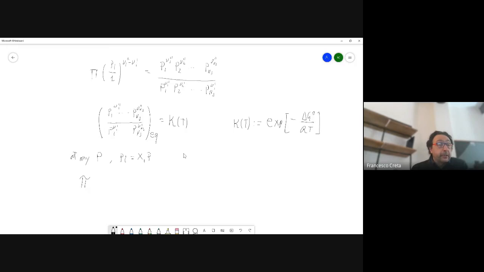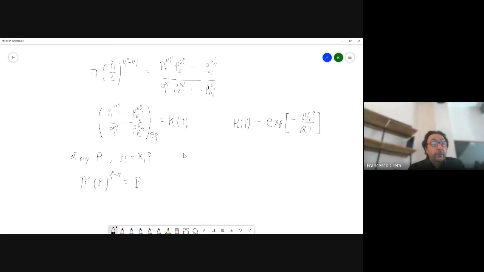Let me write it in short as the product of the Pi to the power of the difference of stoichiometric coefficients. If Pi is again xi times P, we take the P out. This is the total pressure, which could be 10 bar, 20 bar, whatever pressure you're using.